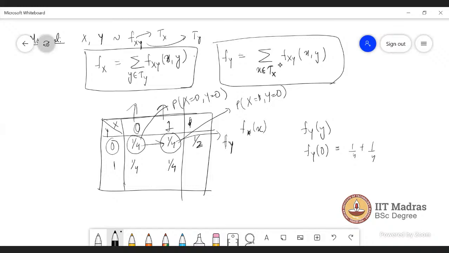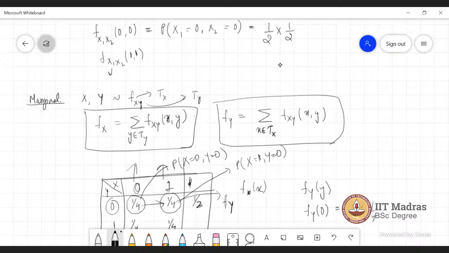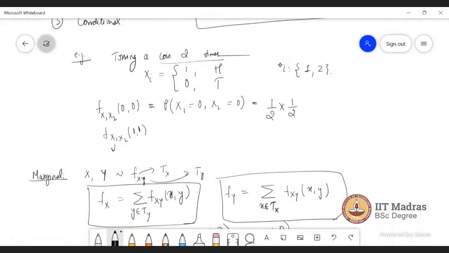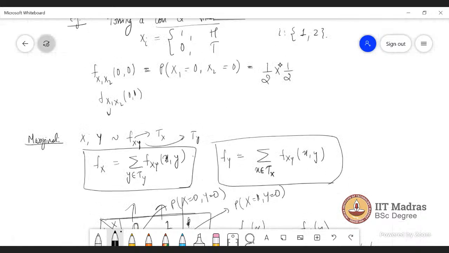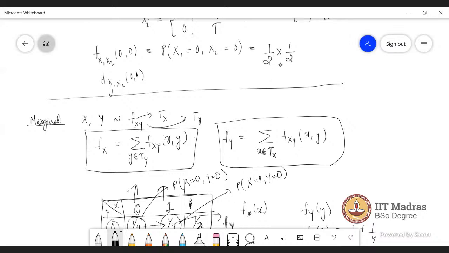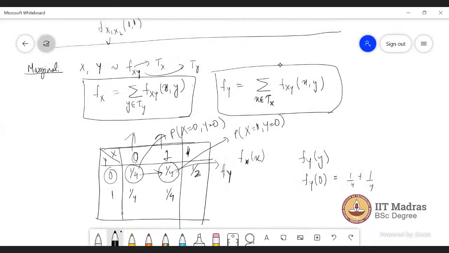Ma'am, X is the number of heads and Y is the number of tails. I haven't taken that example. When tossing a coin, how can you write 1/4 for X 0, Y 0?